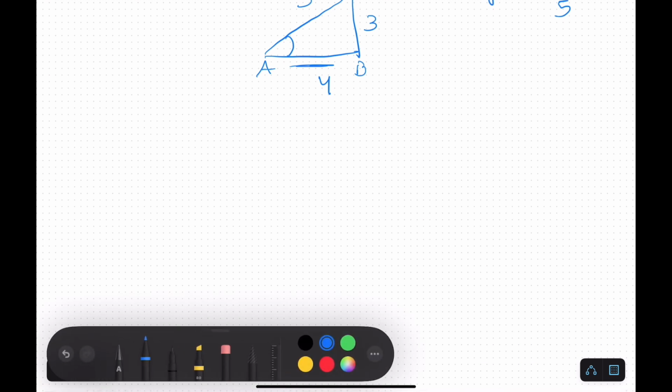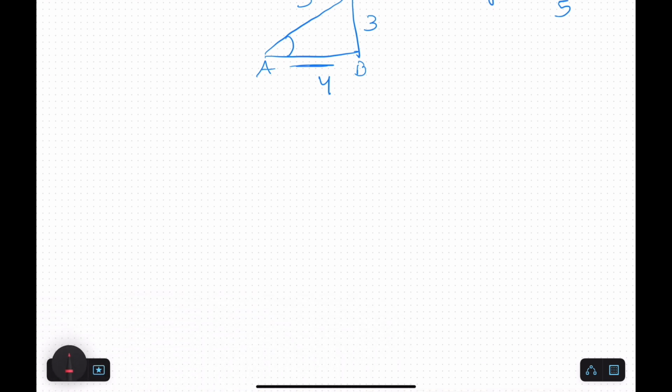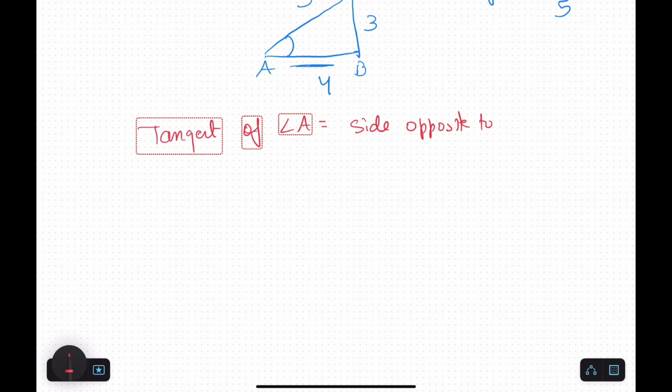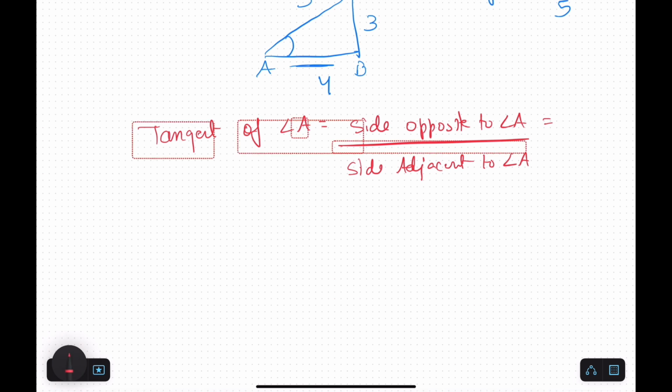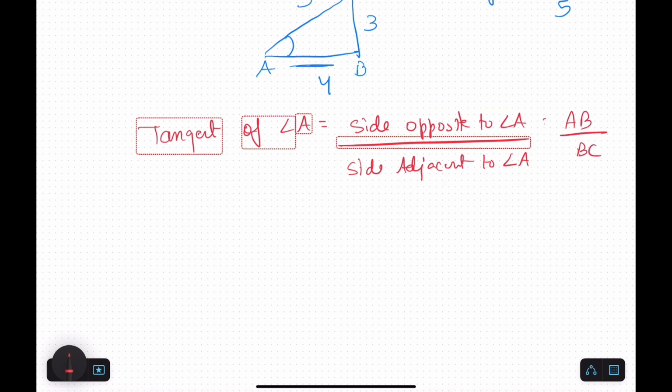Similarly, there is another trigonometric ratio which is tangent of A. What does tangent of A tell you? Side opposite to angle A over side adjacent to angle A, which is AB, so AB upon BC. Is it right?